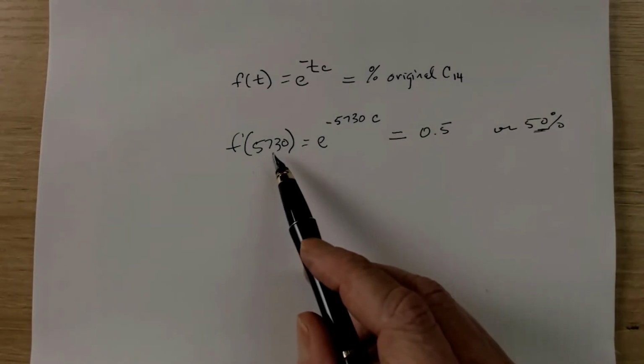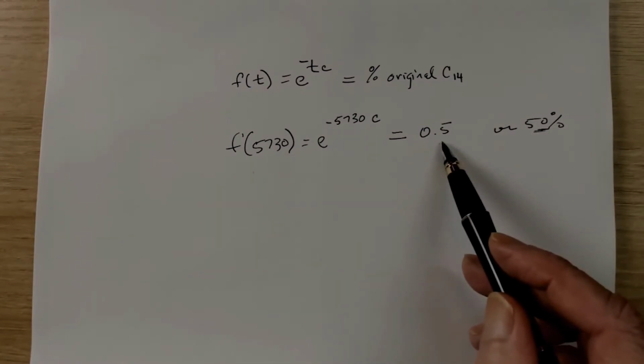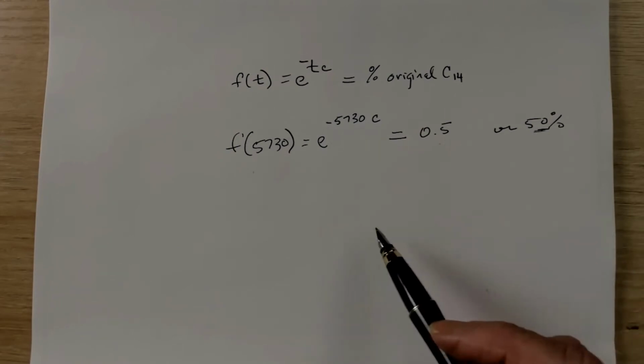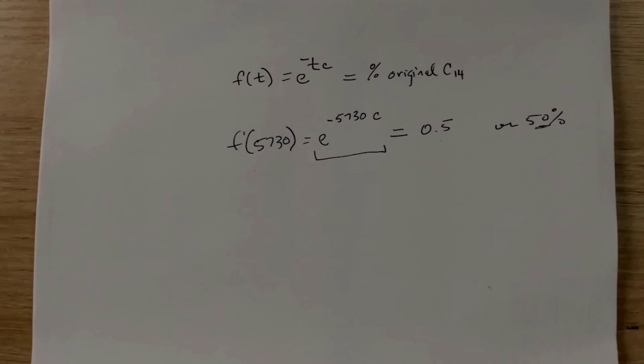Now the half-life of carbon-14 is 5,730 years, and that's the time it takes for half of the carbon-14 in the sample to go away. Now let's look at this equation right here, because this is a little less complicated than you would think it would be. Notice that we have e here.